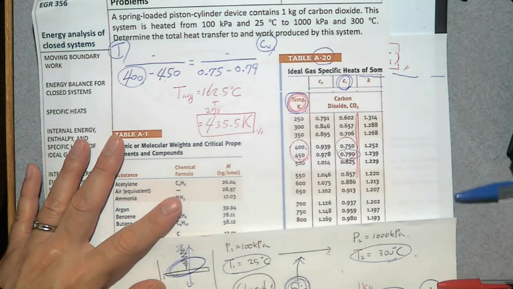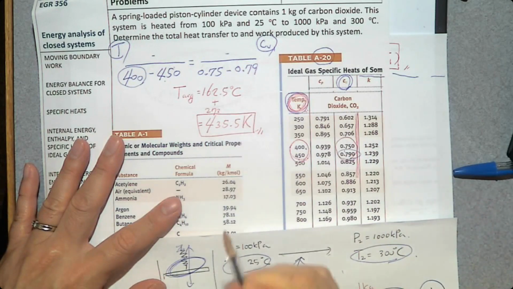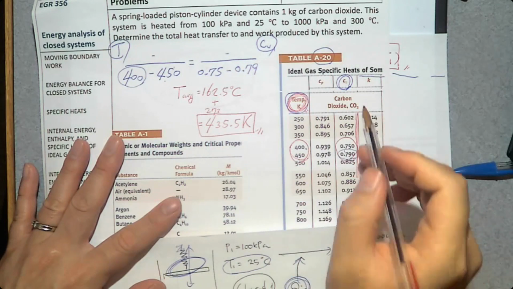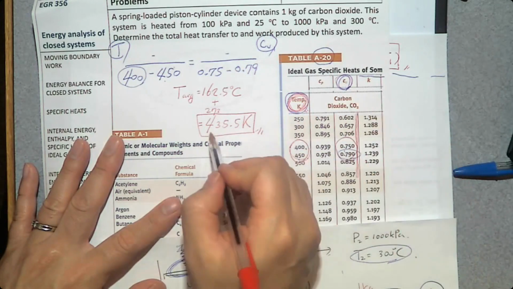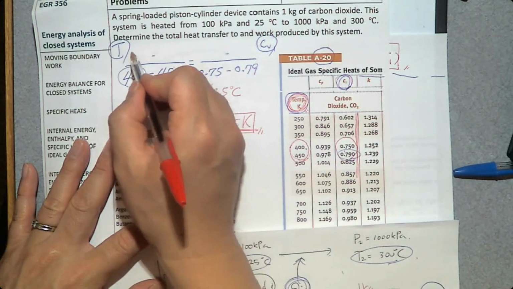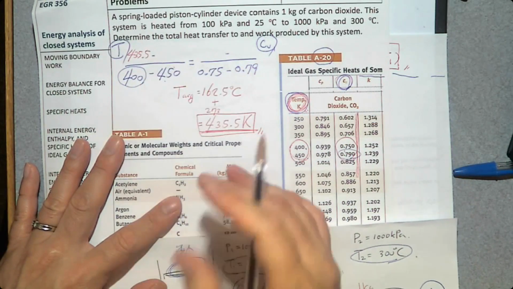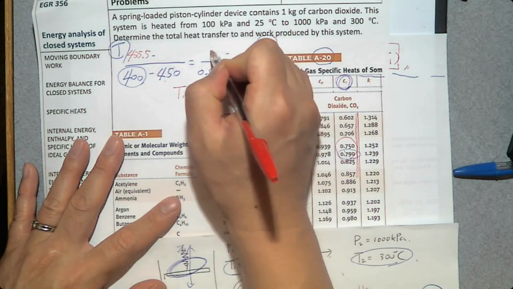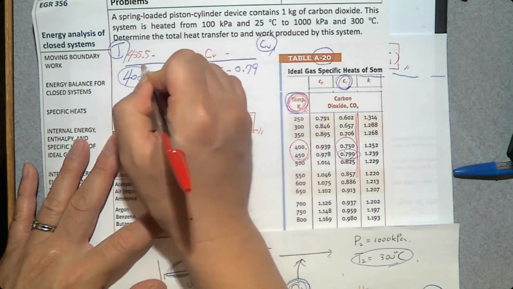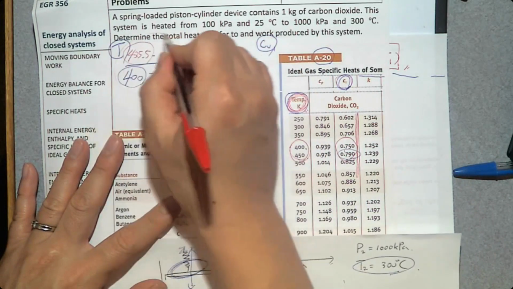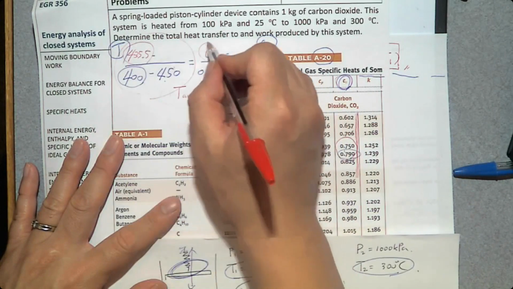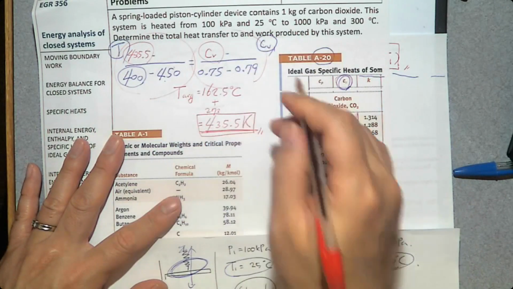Then, what is the temperature at which we want to evaluate the specific heat? 435.5. So I'm going to write 435.5 here. Then the unknown CV value is going to be at the same location, top left of this right-hand side.